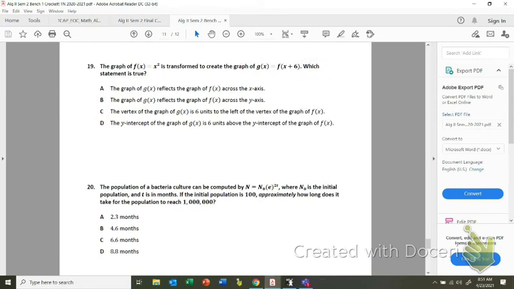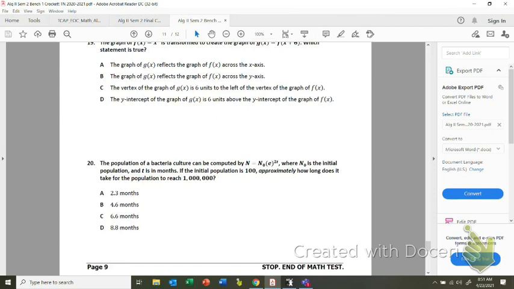All right, last one. Number 20. Population of a bacteria culture can be computed by that long fancy thing, where n with a base of 0 is the initial population and t is the months. If the initial population is 100, how long does it take for the population to reach 1 million?